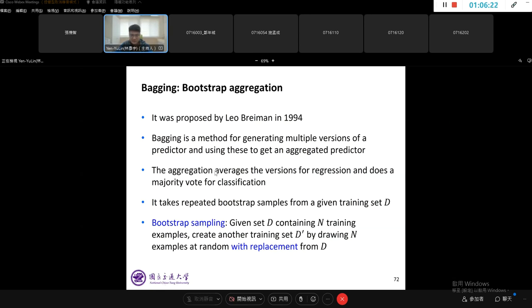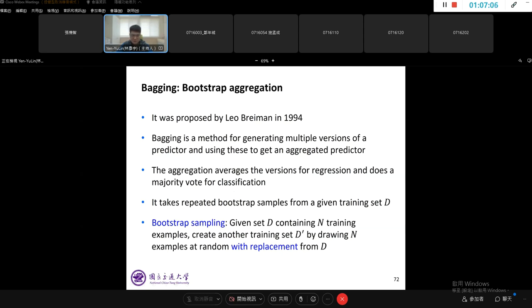We simply average the output values to get the final prediction. For a classification problem, we do the same process. We feed this data point to all the decision trees, and each decision tree will vote for one particular class. Finally, this data point is predicted as the class of majority vote. Okay, so this is the operation of bagging once we get multiple versions of decision trees.